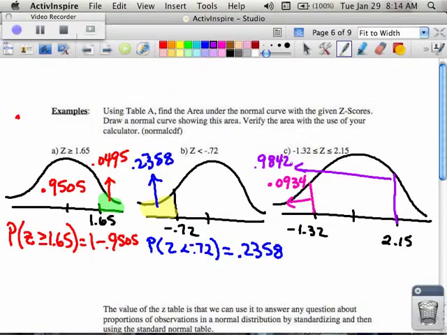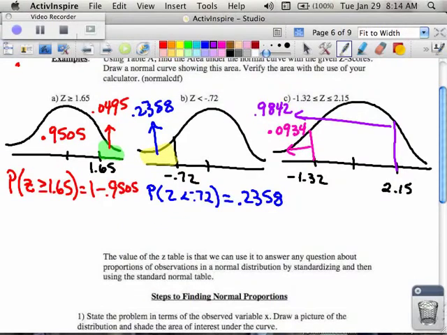So in order to find out the probability that all of my data is somewhere between these two things, I would say that the probability that my z-score is going to be in between negative 1.32 and 2.15 is the value that I get when I subtract those two numbers, which I get as 0.8908.